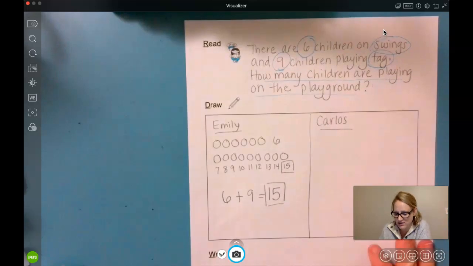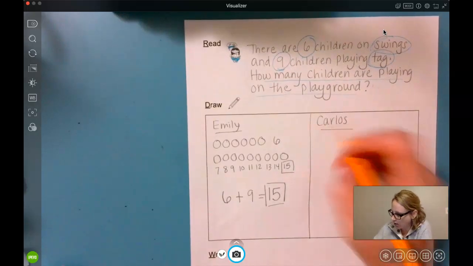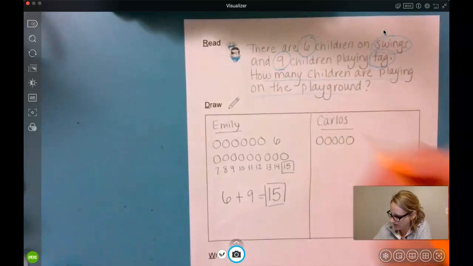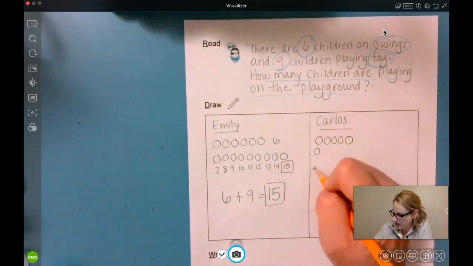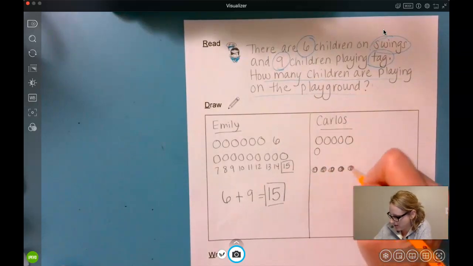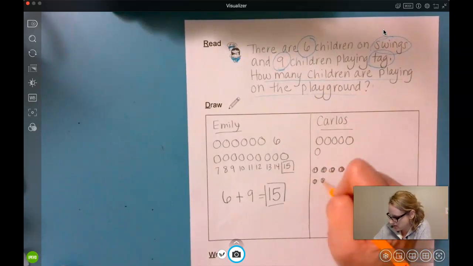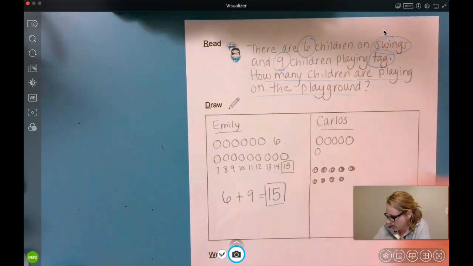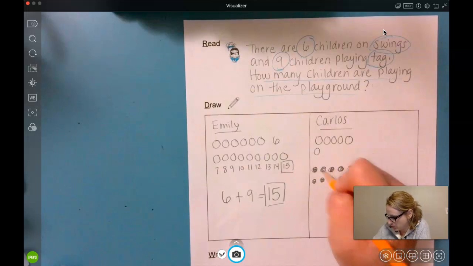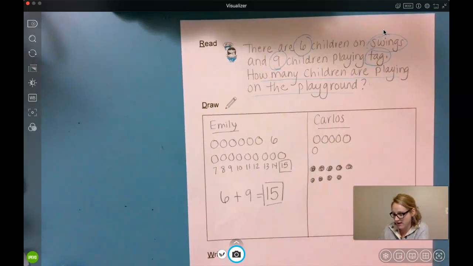Here's what Carlos did, friends. Carlos showed 6 students on the swings like this. Then he showed 9 students playing tag like this. And Carlos used a super cool strategy today, friends.